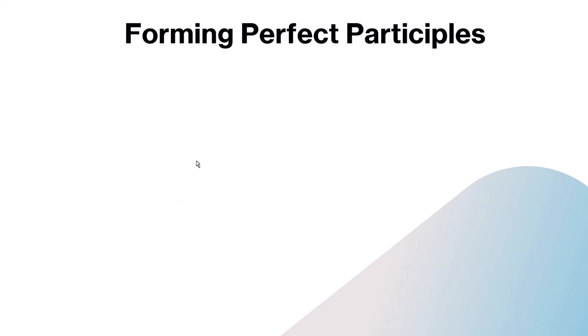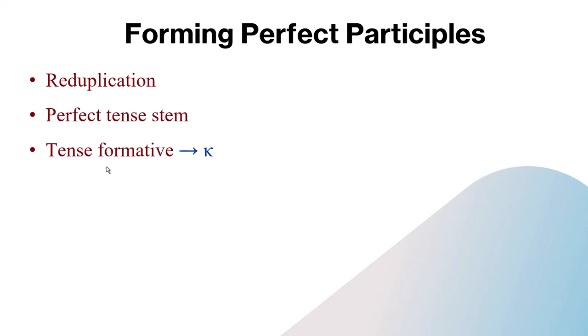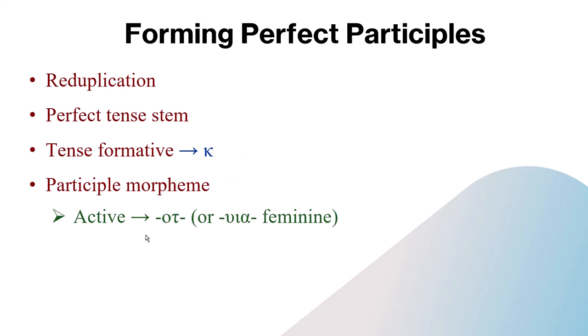So perfect participles involve reduplication, just as we saw for the perfect indicative. They use the perfect tense stem, a tense formative, which is kappa, and a participle morpheme, which for the active is omicron tau.